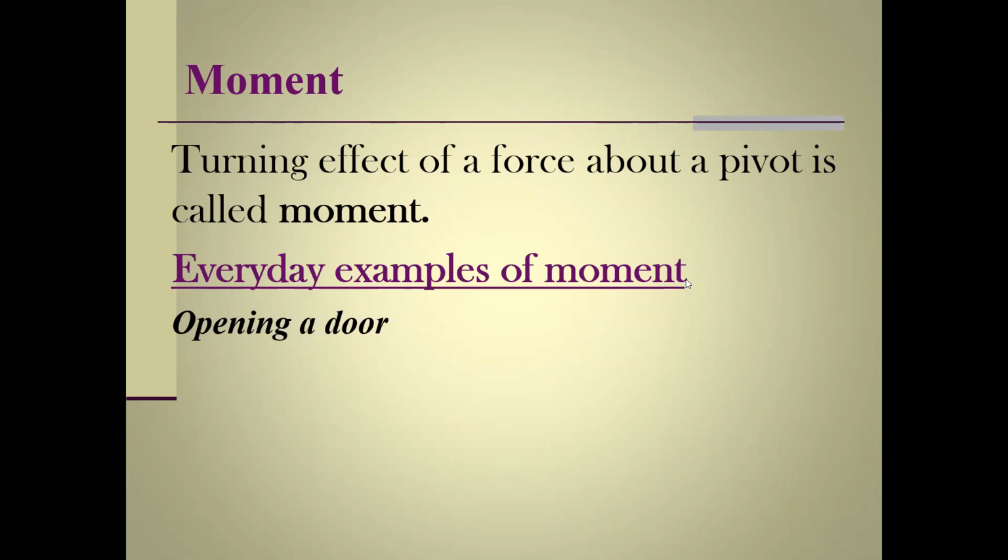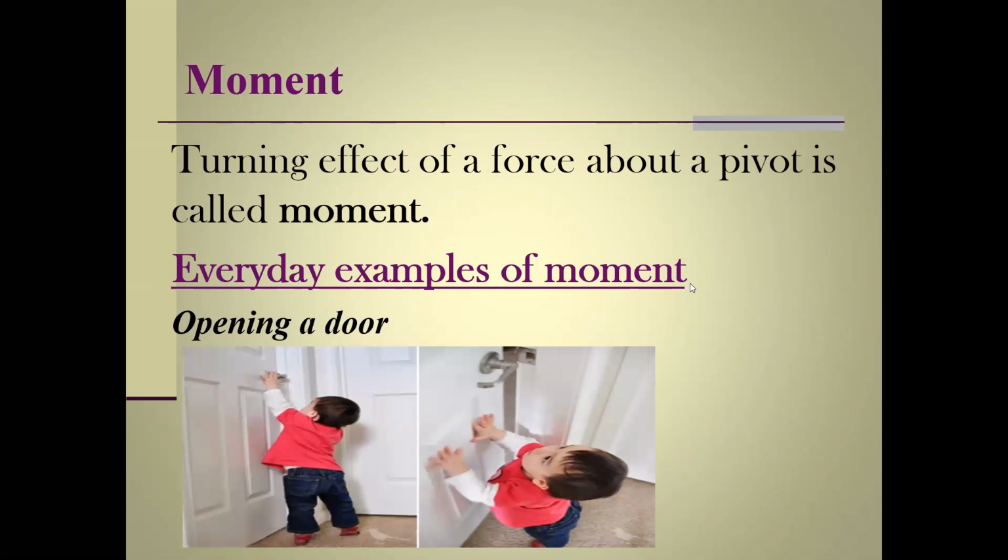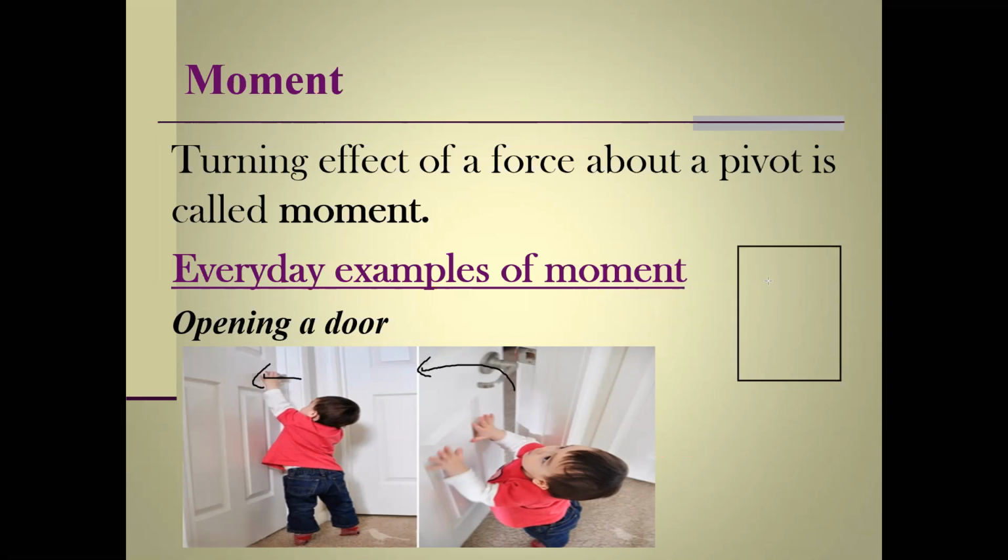An everyday example is opening a door, which is also an example of moment, because as you apply force on the door, the door rotates. What is the pivot for a door? The fulcrum or pivot is the point where the object is fixed. The door is fixed from one end, where the hinges are, and on the other side you have a door knob.